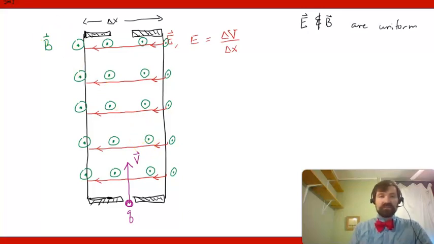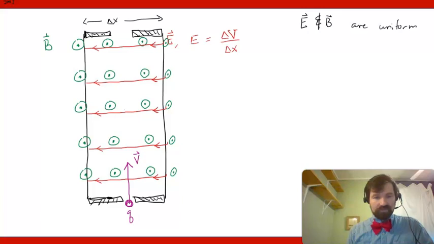So now we ask, what direction of force does each of these two, the magnetic field and the electric field, apply to this particle? So I'm going to do that by way of drawing on a couple arrows for force. We'll do an orange arrow for the force on the particle.